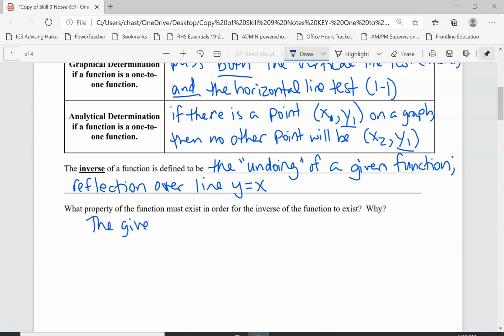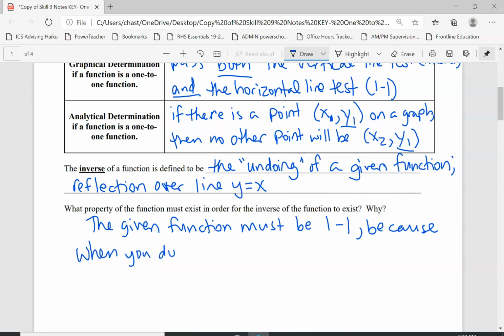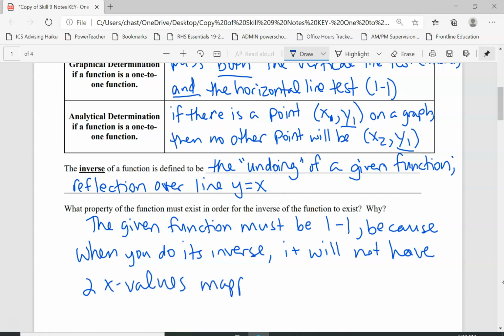The given function must be one-to-one, because when you do the inverse, it will not have two x values mapped to the same y value. We'll explore that with some examples in a moment.